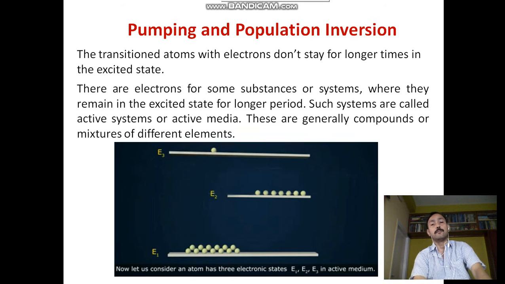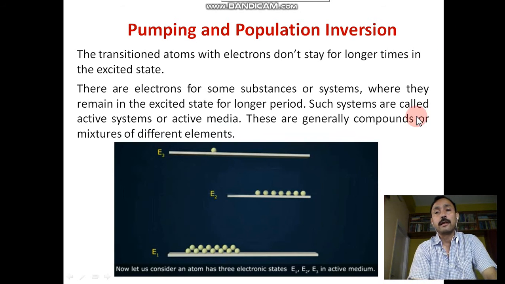Pumping and population inversion. Transitioned atoms with electrons don't stay for longer times in the excited state. This is the lower energy state. Here we are considering three energy states, E1, E2 and E3.